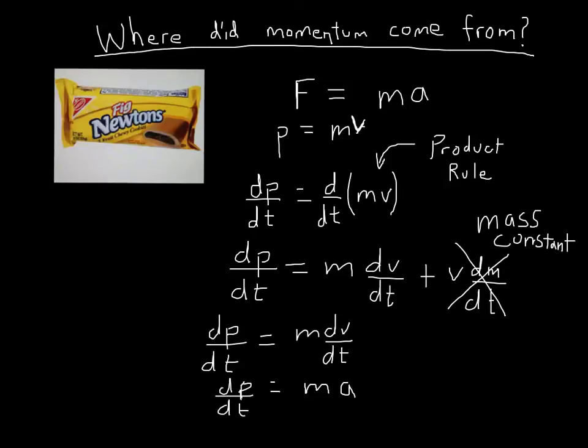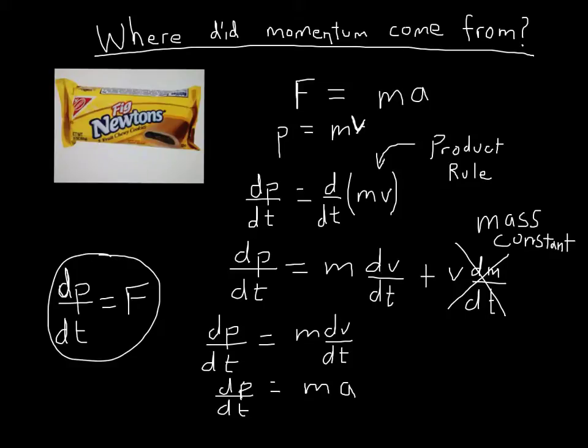But we know from previous chapters that force is equal to mass times acceleration. So this is how we get Newton's second law in the original way that he stated it. The derivative of momentum with respect to time is equal to force. So a force is really just a change in momentum.